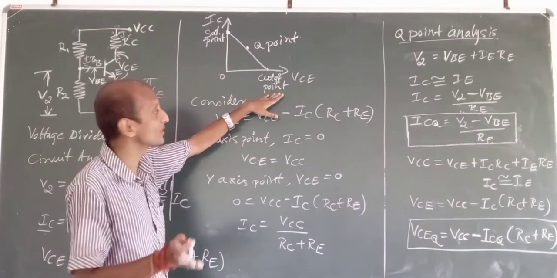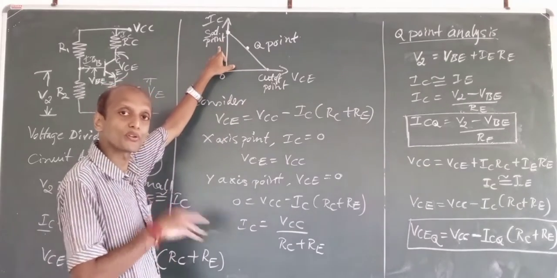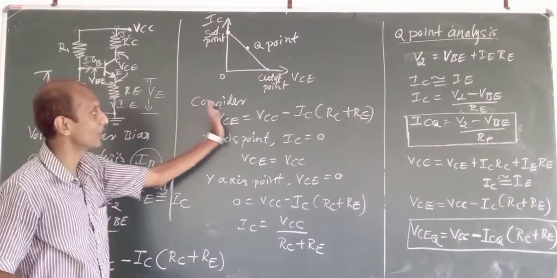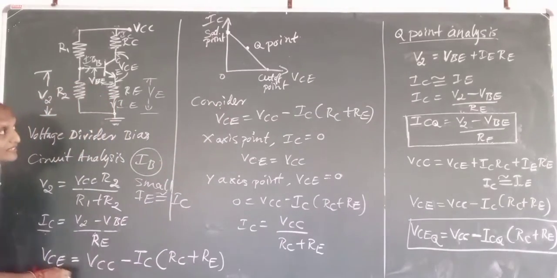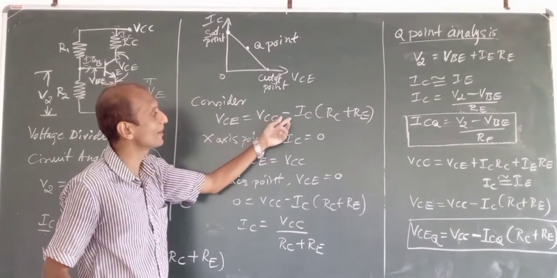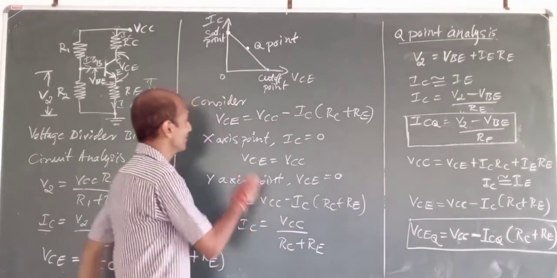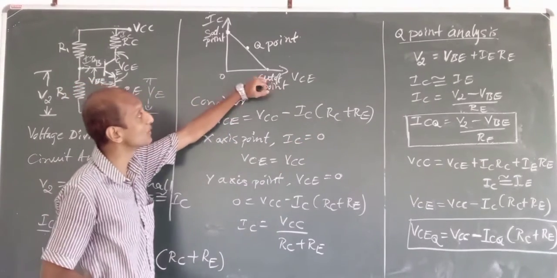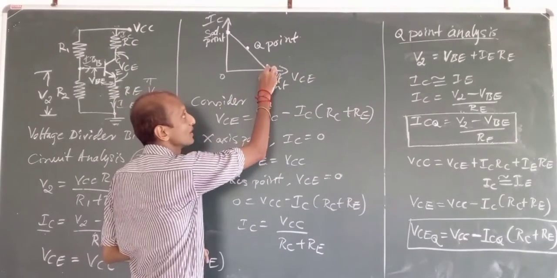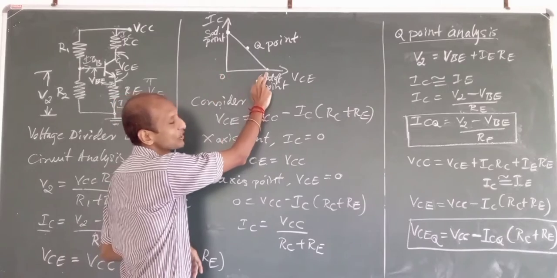Here on the x-axis, we have the cutoff point. Here we have the saturation point on the y-axis. If I consider this equation again, VCE will be equal to VCC minus IC into (RC plus RE). For the cutoff point on the x-axis, IC will be equal to 0, isn't it?